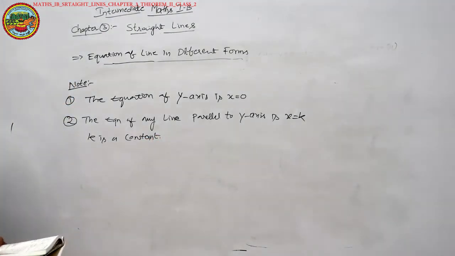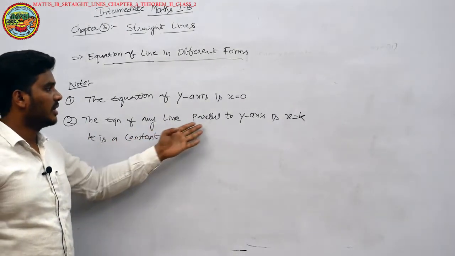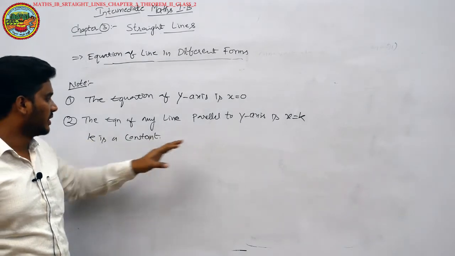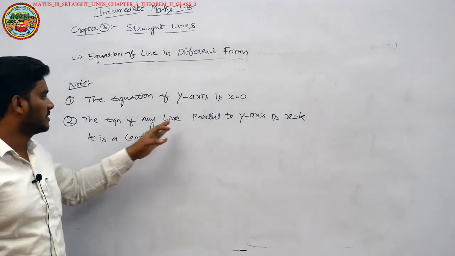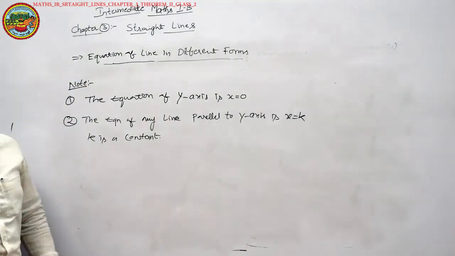So these are the two notes. The y-axis means the vertical lines, and the equation of a line parallel to the y-axis is x is equal to k, where k is a constant.